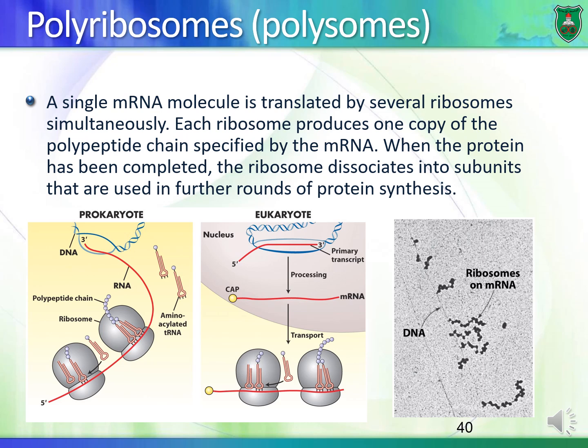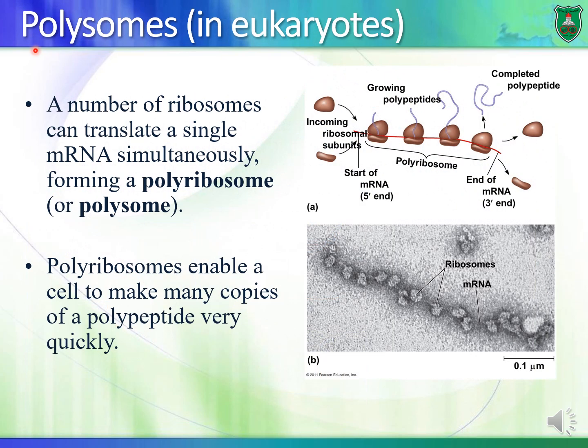So the difference between a polypeptide and a protein is that a polypeptide is basically just a stretch of amino acids and it's not functional, whereas a protein is a molecule with a specific three-dimensional structure, and it is functional as well. Now, in eukaryotic cells, again, you have one single messenger RNA, and you have multiple ribosomes doing synthesis at the same time. So this is a polyribosomal structure.